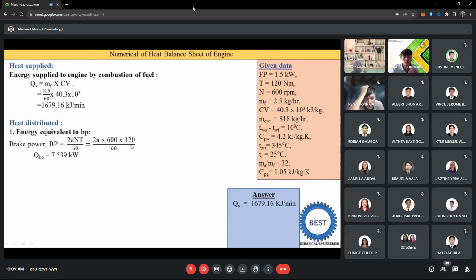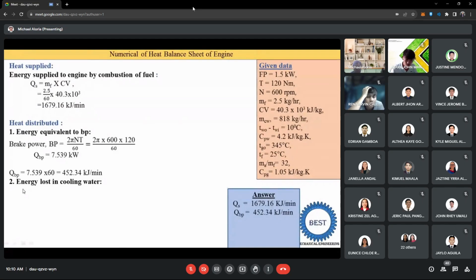So the heat energy in brake power is 7.539 into 60, which is 452.34 kilojoule per minute. Why do we find kilojoule per minute? Because in the example they say to find it in kilojoule per minute. So here Q brake power is 452.34 kilojoule per minute.